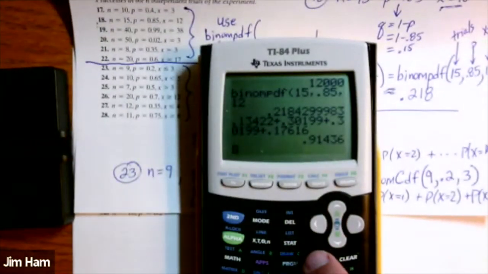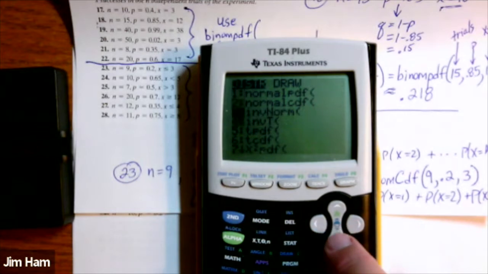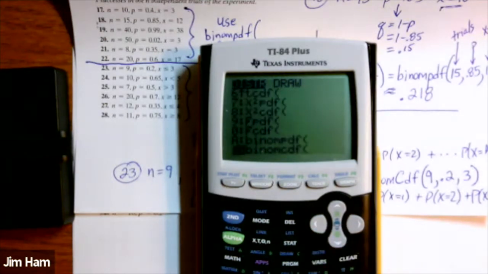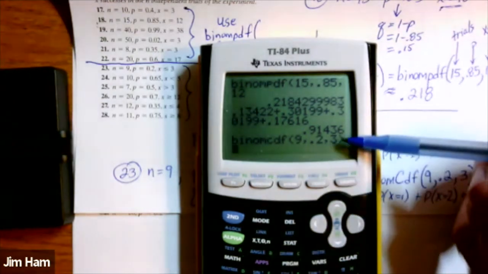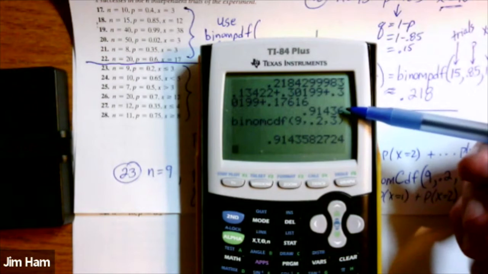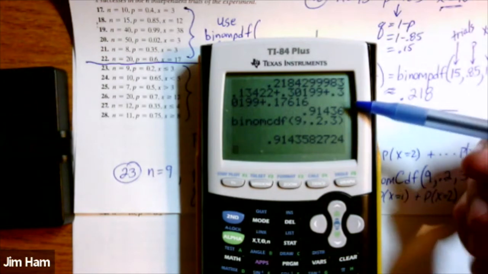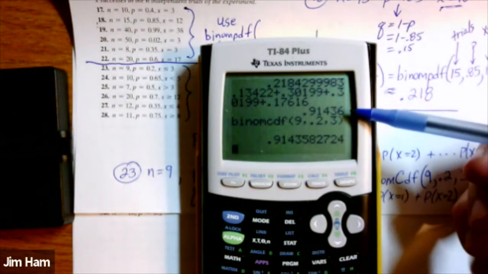We're going to go to the distribution menu, binomial CDF, n, number of trials is 9. The probability for each trial is 0.2, p-value, and then the x value would be ending at 3. I'm going to hit enter, and you can compare it to this number here. You can see that this number rounded would give you this number here.